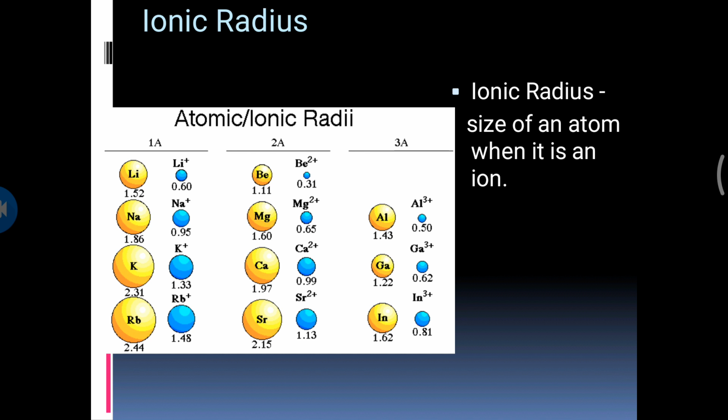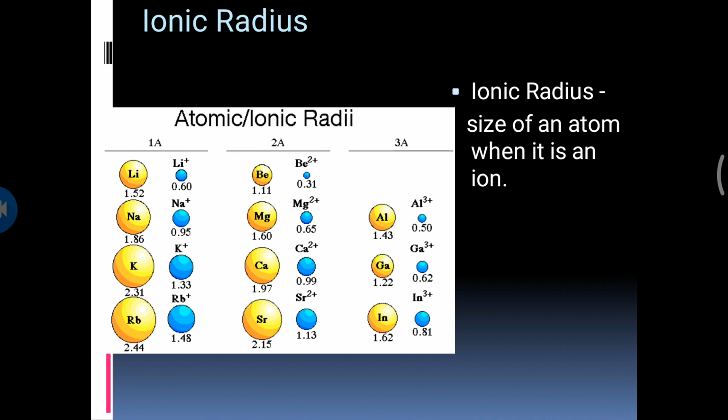Similarly if an atom gains an electron to form a negative ion, the size increases. So this is the trend for neutral atoms as well as charged ions: from top to bottom, the atomic radius as well as the ionic radius increases.